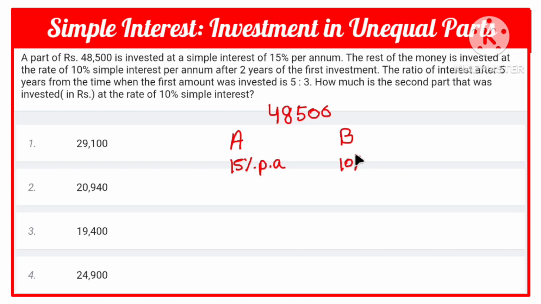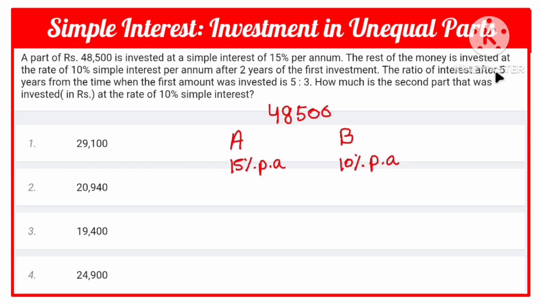So here rate of interest is 10% per annum after 2 years of the first investment. So when this was invested, after 2 years this money was invested. The ratio of the rate of interest after 5 years from the time when the first amount was invested is 5:3.